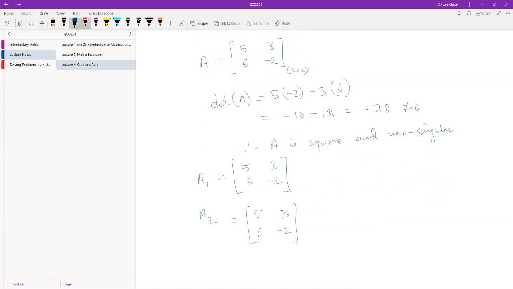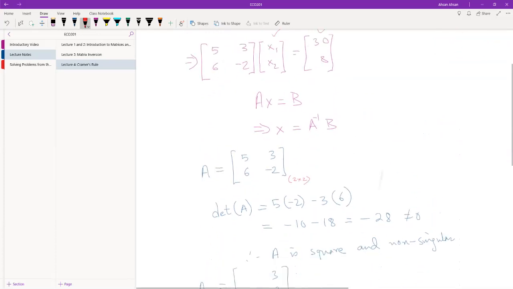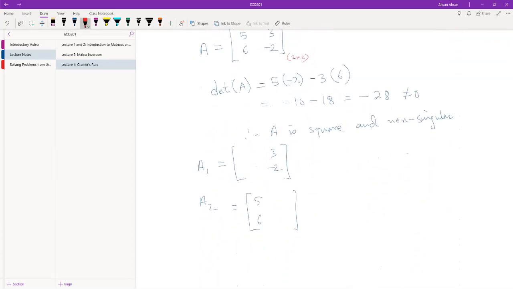Now what I'm going to do is replace the first column of A1 and the second column of A2 with this matrix, 30 and 8. So we get 30 and 8 here, and we get 30 and 8 here.